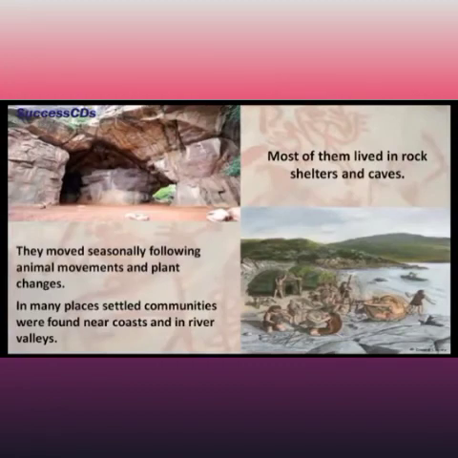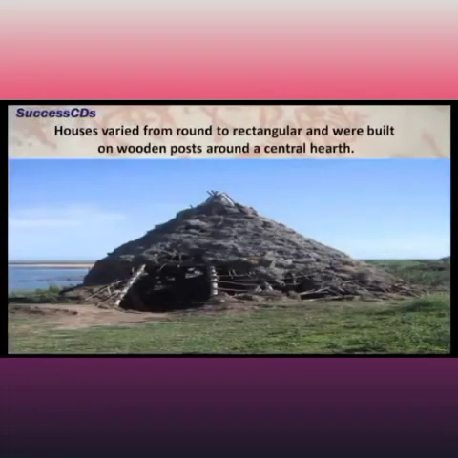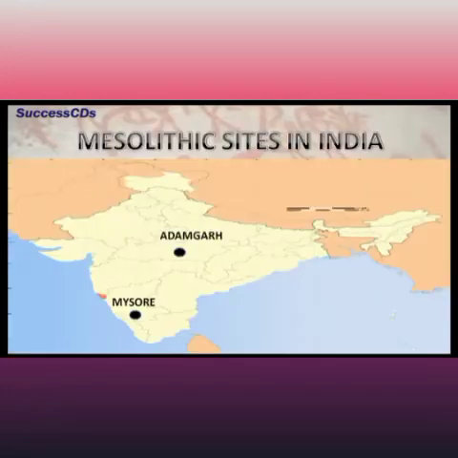Most of them lived in rock shelters and caves, but later, depending on the season, they started to shift to the nearby coast and river valleys for easy access to agriculture. When they shifted, they built rectangular huts with wooden posts around a central hut. These are the two areas very popular in India for Mesolithic sites, Adamgarh and Mysore.